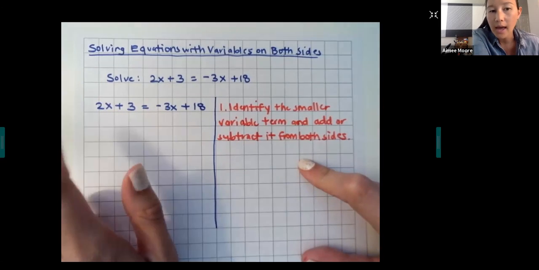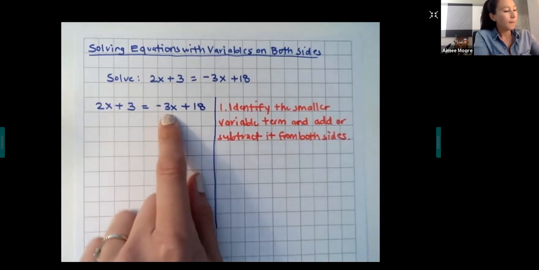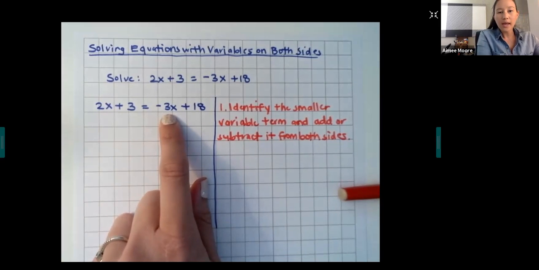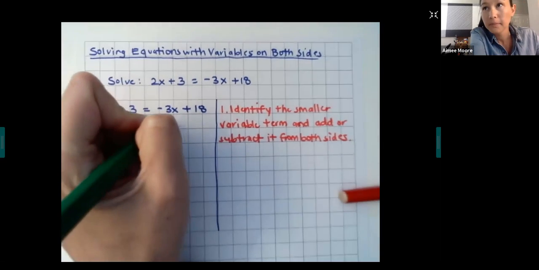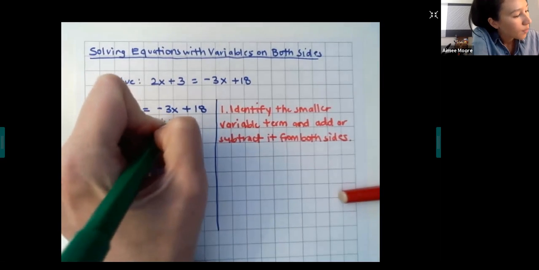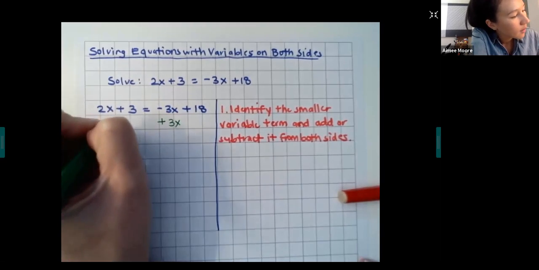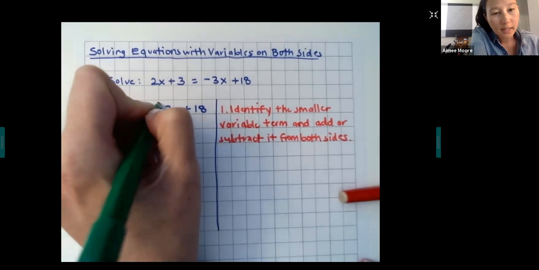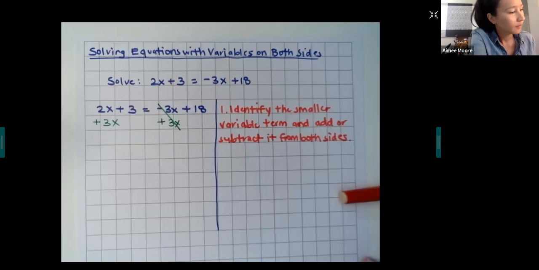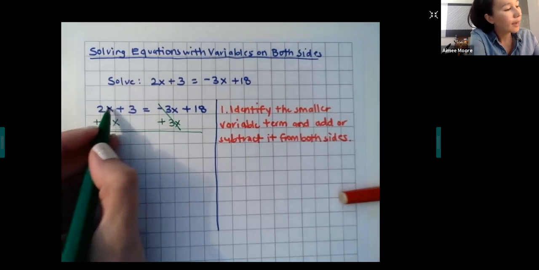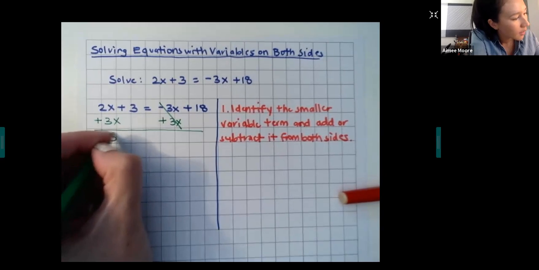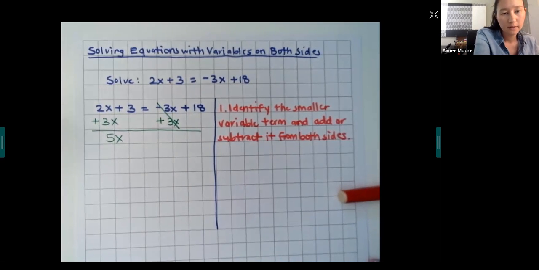So we need to get all of the x's together. So the easiest way is to add 3x to both sides. So if we add 3x, then those 3x's cancel out. And 2x plus 3x is just 5x.